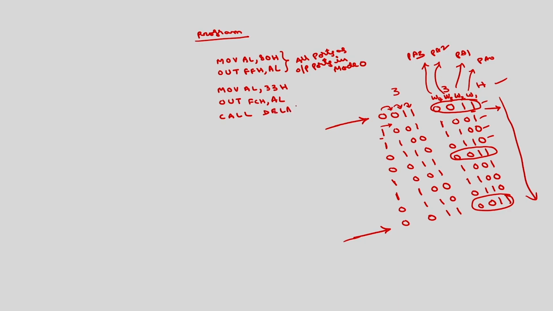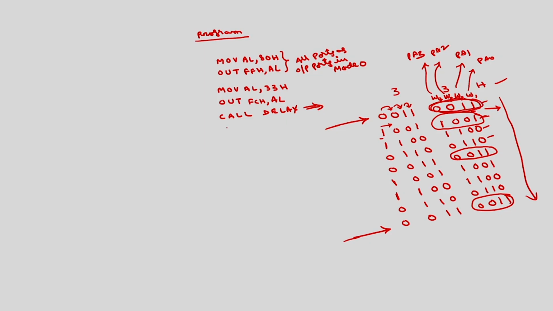This depends upon the speed at which we want to operate the stepper motor, and I explained the procedure to compute this delay. Then after this we have to send the next sequence. For that we rotate this value to the right by 1 bit position.